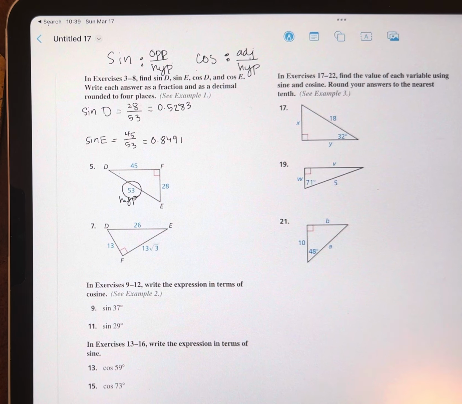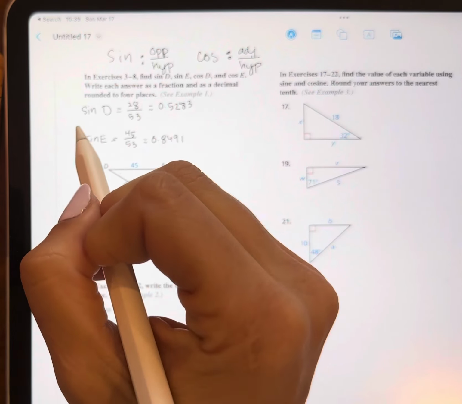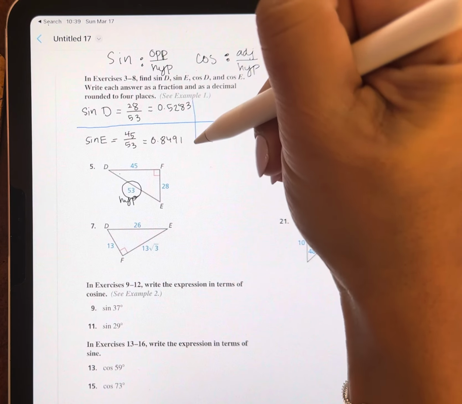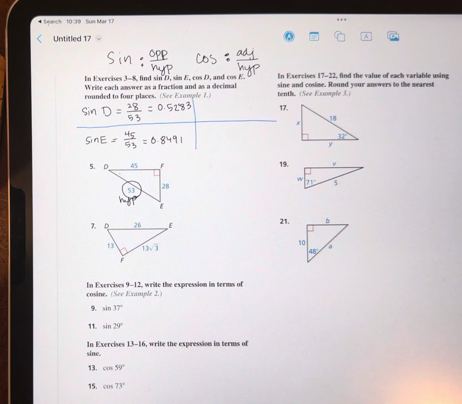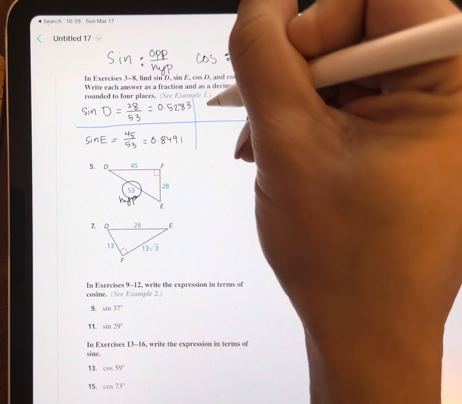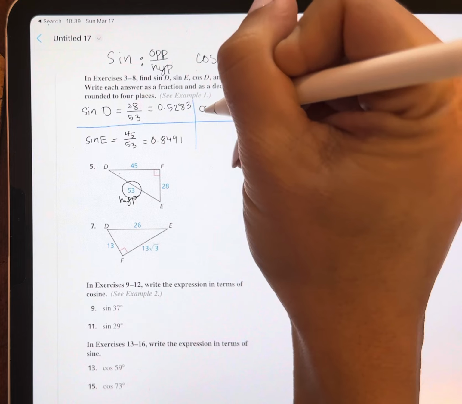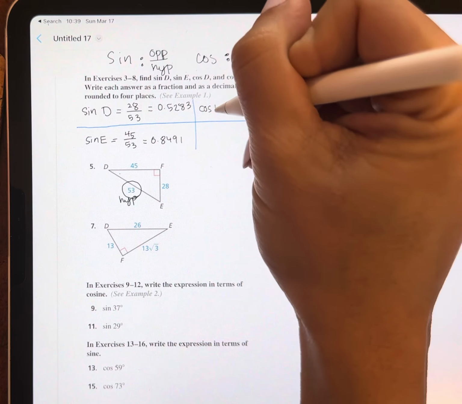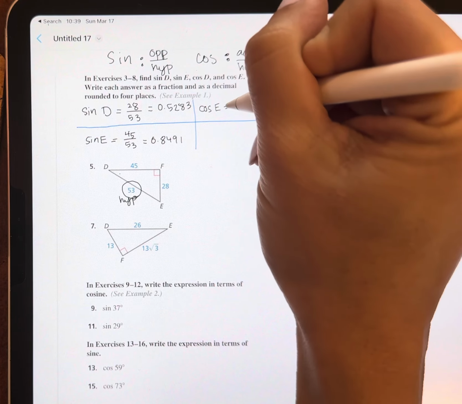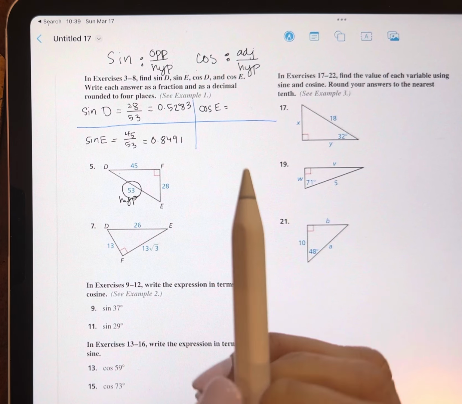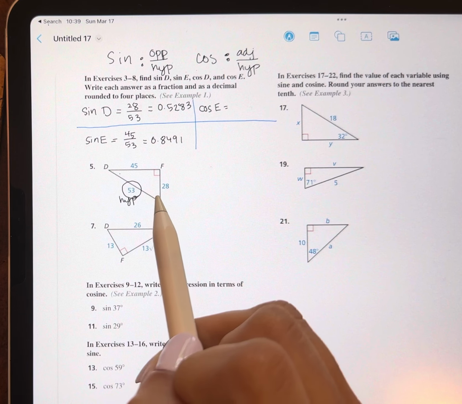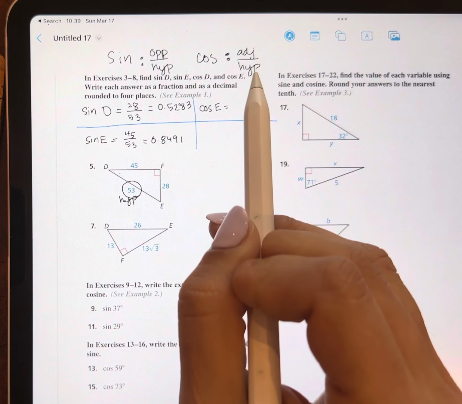Okay, now let's see what happens when we do cosine of these guys. I'll do cosine of D and E, but I'll start with cosine of E. So at E, for cosine, I need adjacent over hypotenuse.